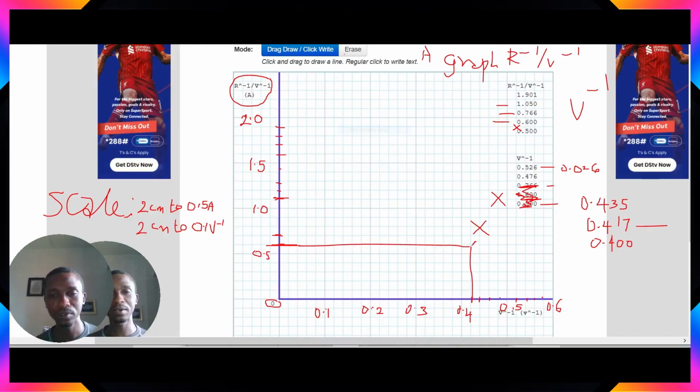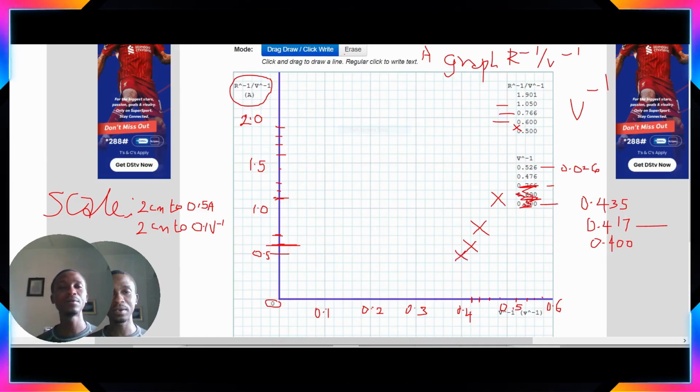So we have this. Okay, now I remain the last value, which is when R is 0.5, and there is where R is 0.5, and the corresponding value of the voltage at that moment is 0.4, and there is 0.4.